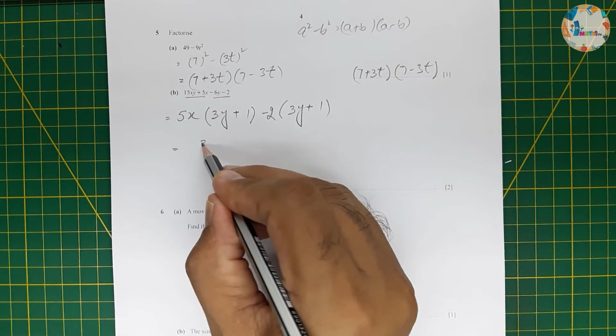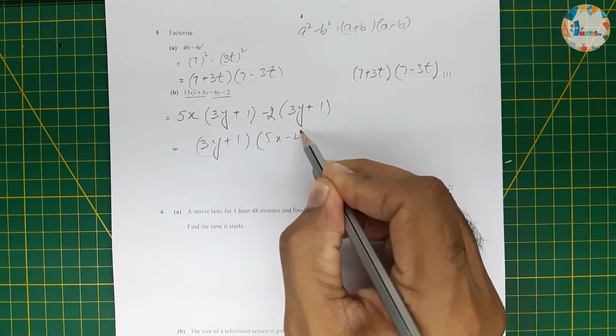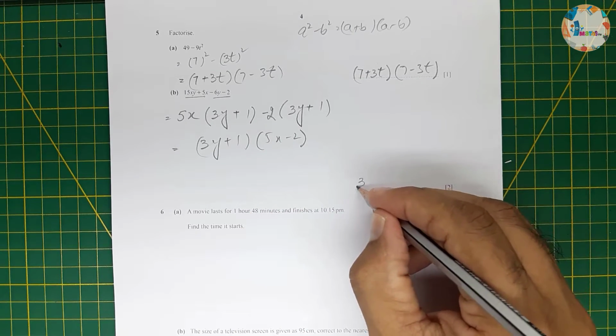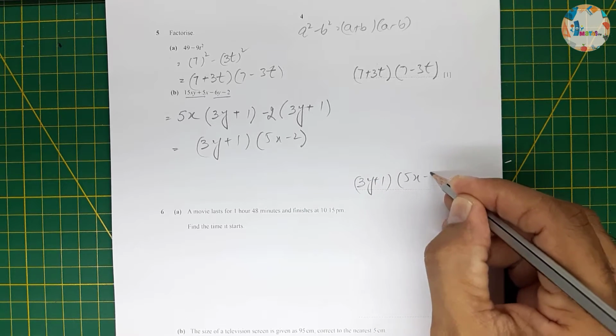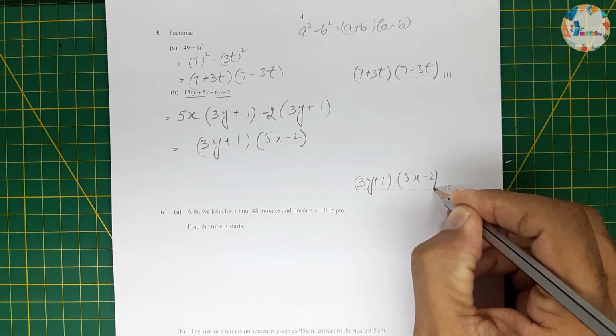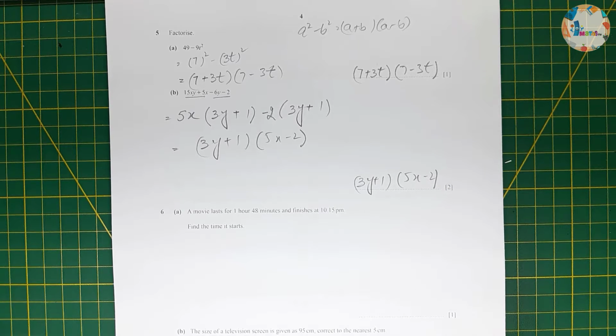So now 3y plus 1, and this will be 5x minus 2. So our answer will be 3y plus 1 into 5x minus 2. This will be our final answer.